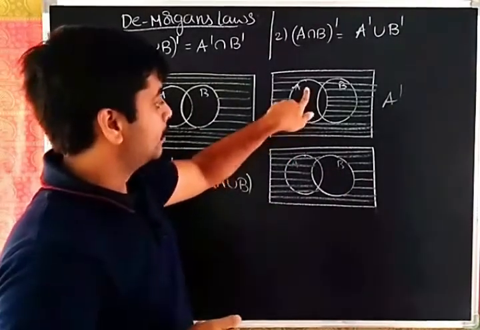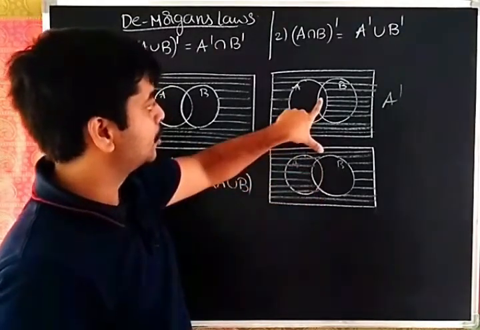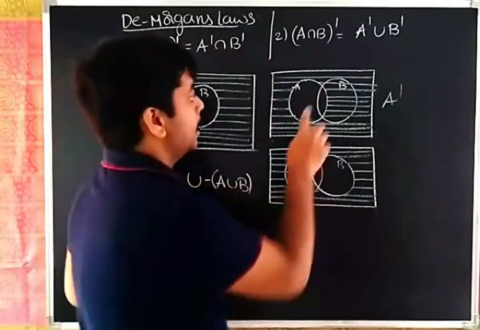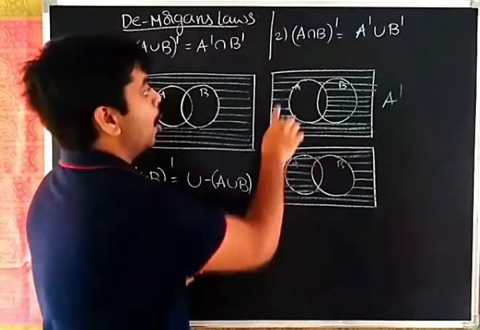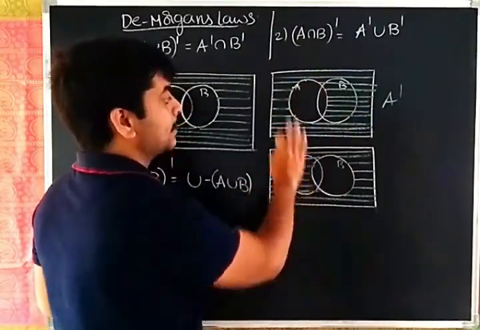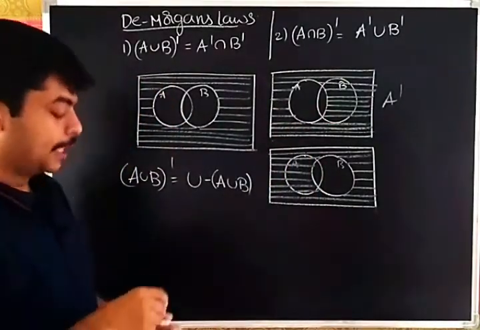See, this part is not there, so this is not the common region. This part is also not shaded, so that is not the common region. Common region means shaded in both of them. Here this one is shaded, but this is not shaded. But you can see all the outer layer in the box, not including the circles, is common for both of them.